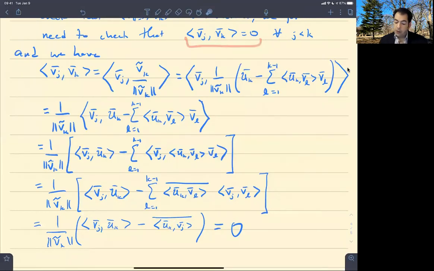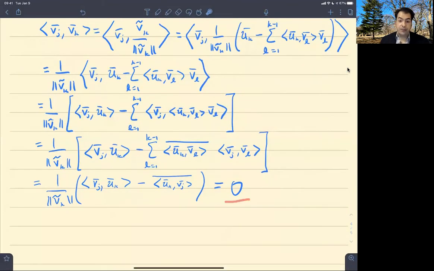We wanted to show that this inner product was equal to 0, and by writing out everything in gory detail, we ended up getting 0. So this shows that V1 through Vk is orthonormal.